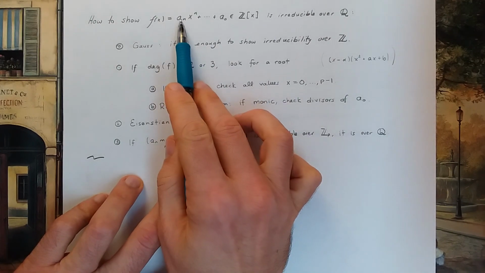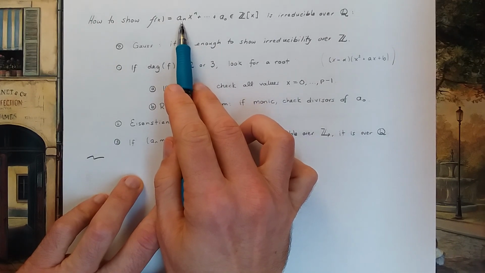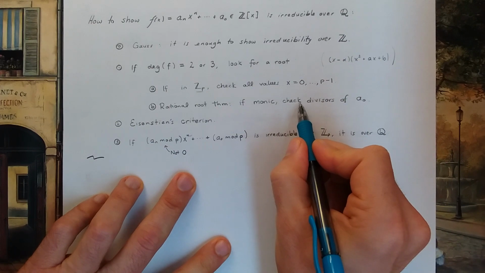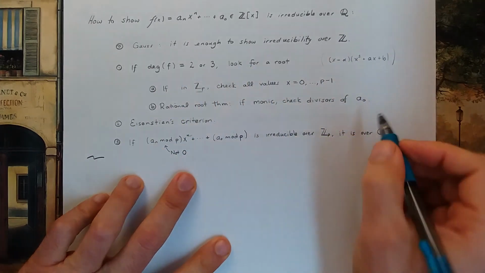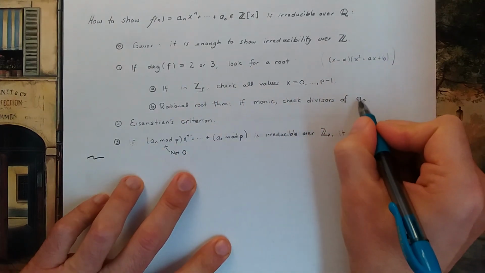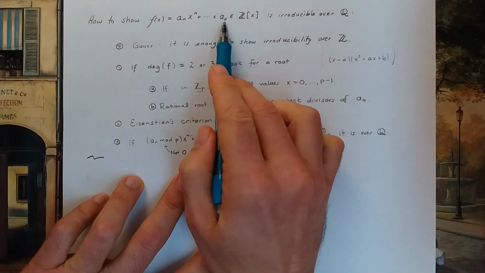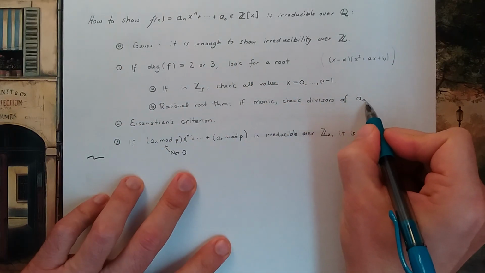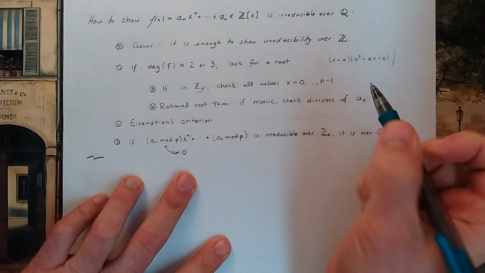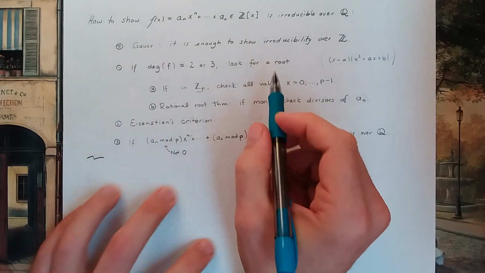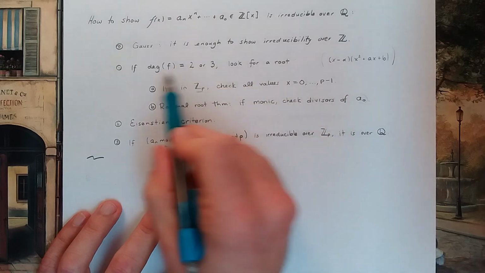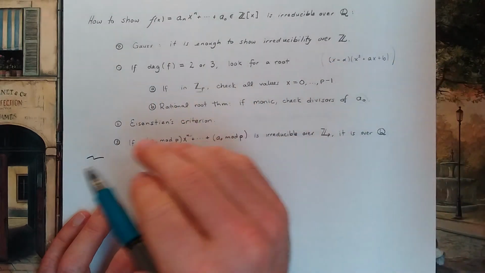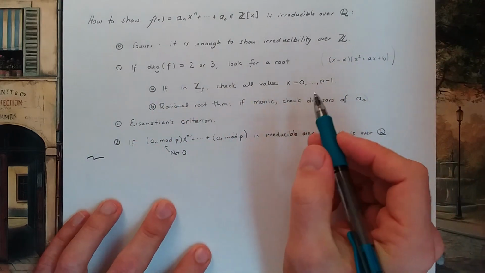If you have a monic polynomial, so the leading coefficient is 1, then a root is a divisor of the last coefficient a0. So you could just check all divisors of the last coefficient and see if any of them are roots. If you do have a root, f is reducible. If you don't have a root, it's irreducible.